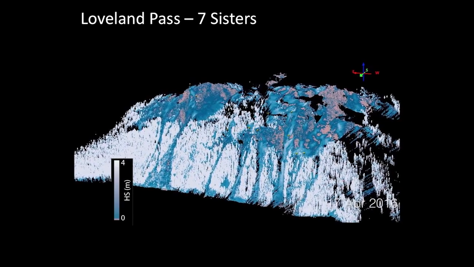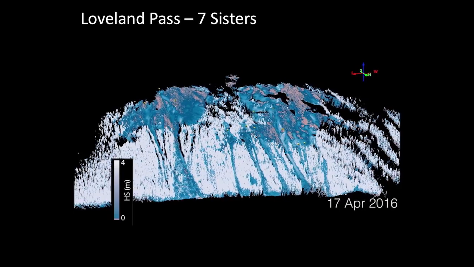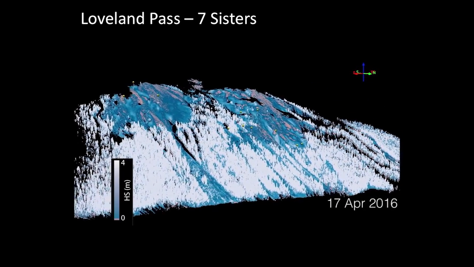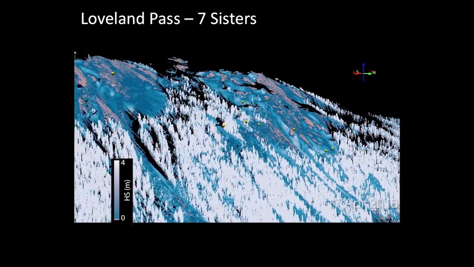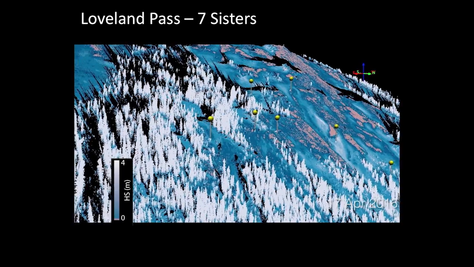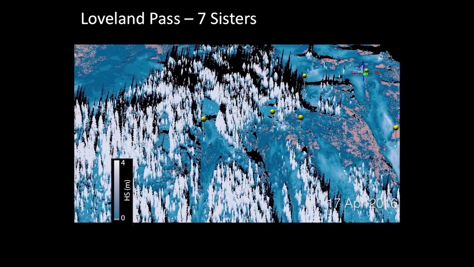Here we go again, 0 to 4 meter scale this time. So I forgot to mask out the trees before making this, but you can get the idea. Usually cross-loading from right to left here, that's west to east. As we zoom in, these yellow dots or pins are the location of the GASX exploders. So there's a number of different path types here.